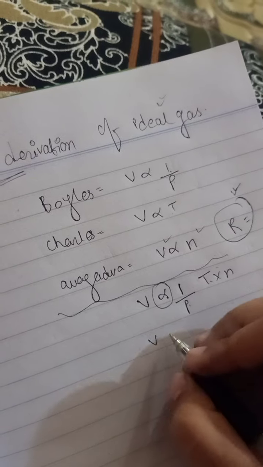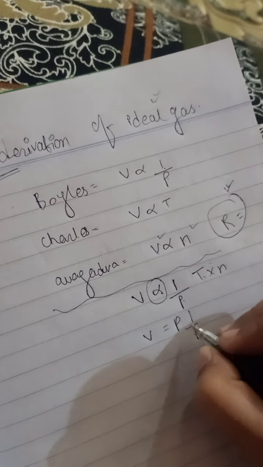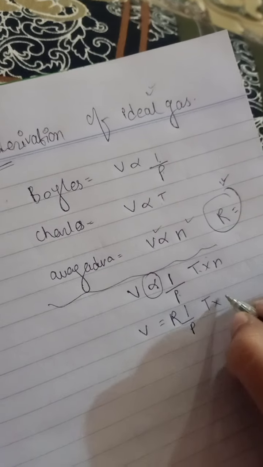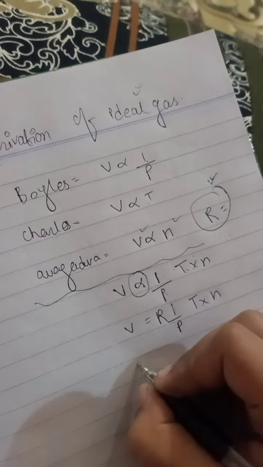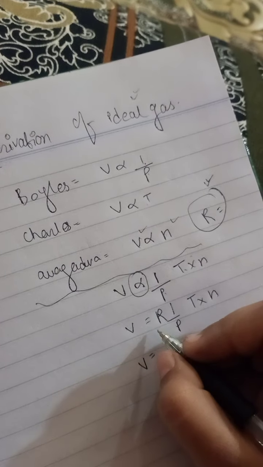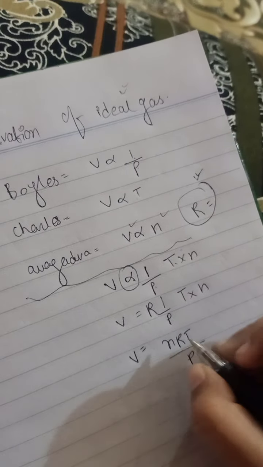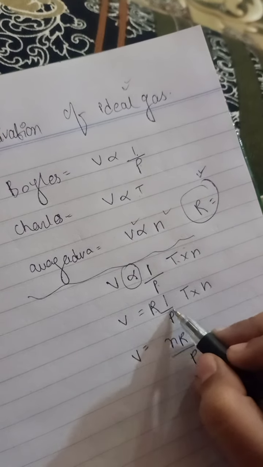So we can write V is equal to R times 1 upon P, T multiplied by n, that is V equals nRT upon P.